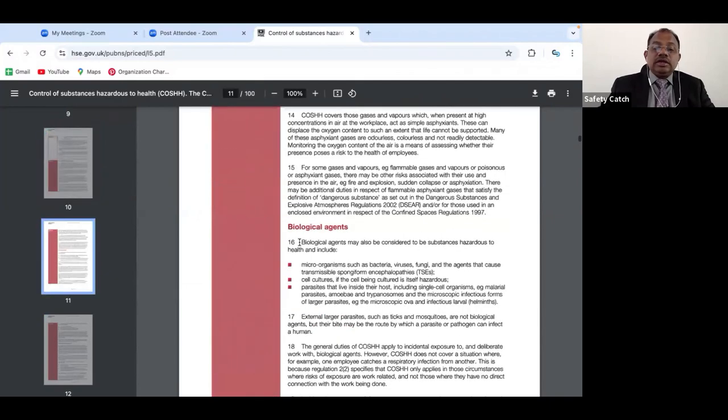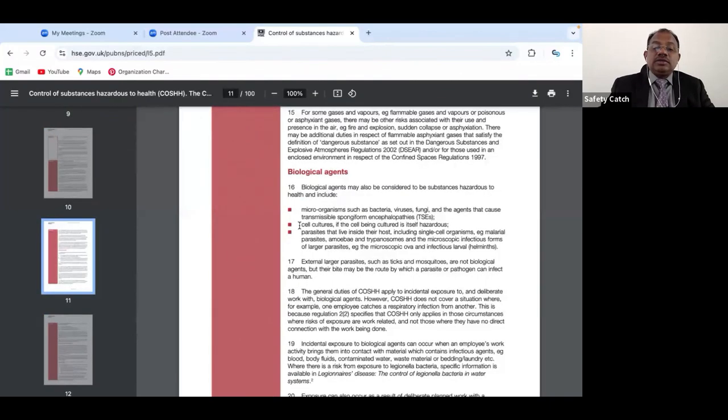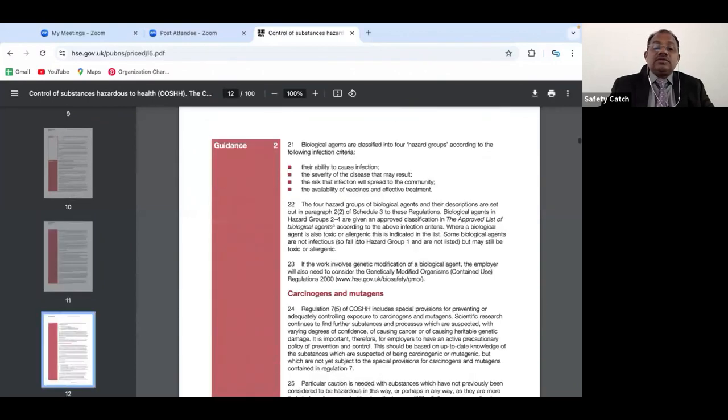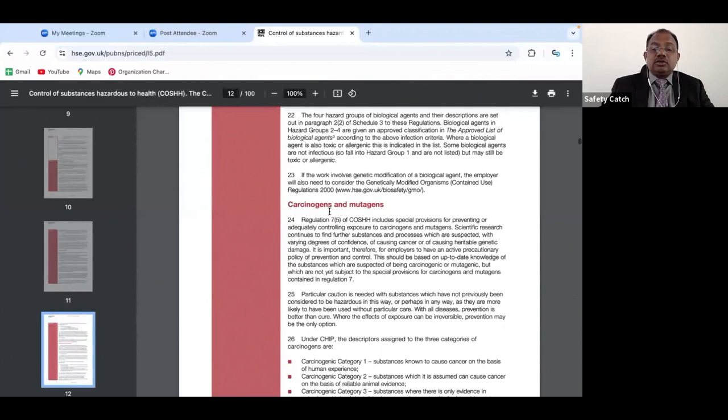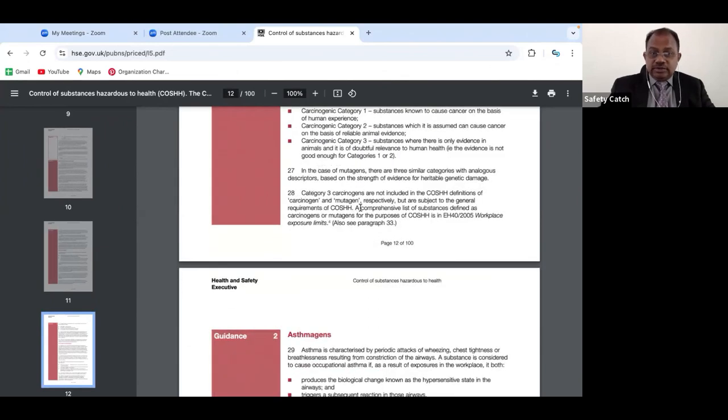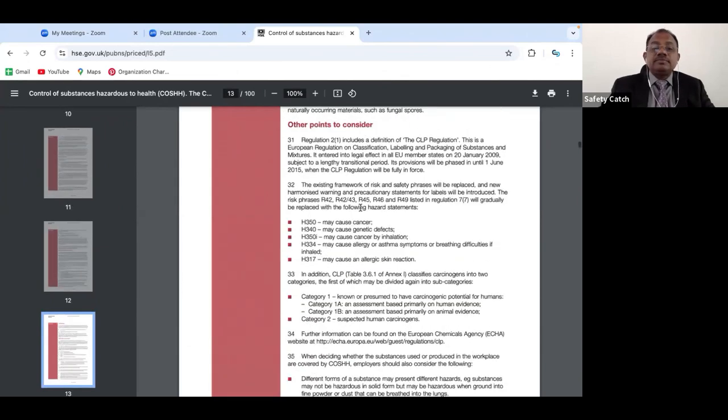Biological agents like microorganisms, cell cultures, parasites, bacteria, fungi, virus are covered here. Then the carcinogen, cancer causing substance, and mutagen, it will affect the genes and it will pass on to the next generation also, like methyl isocyanate, which leaked in Bhopal. It's a mutagen.